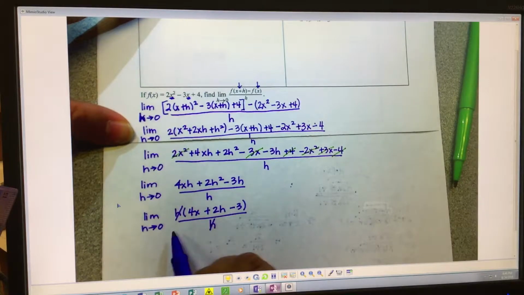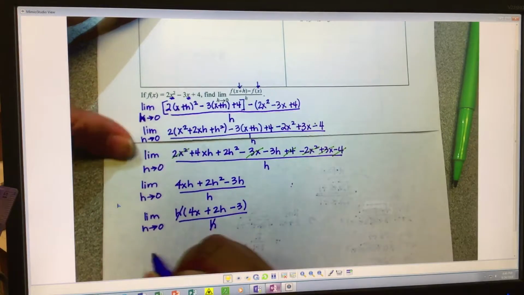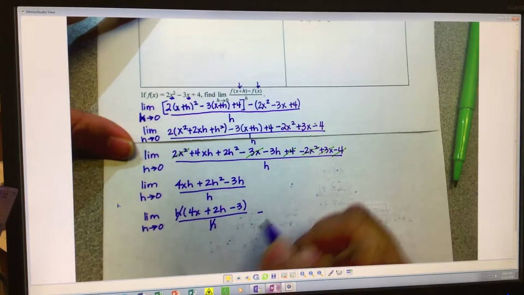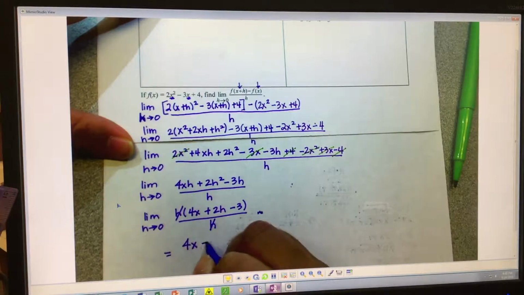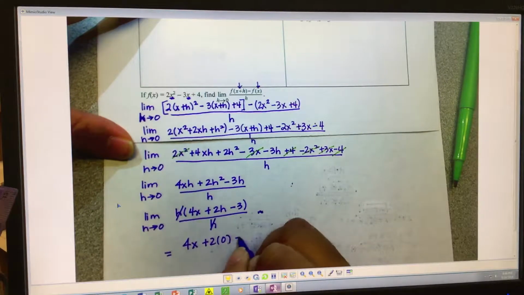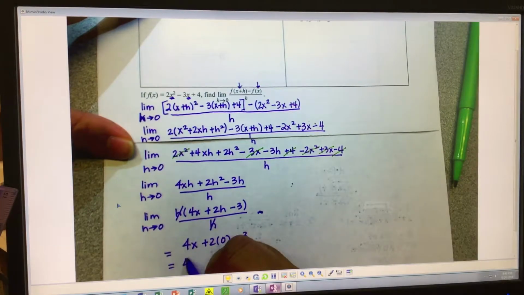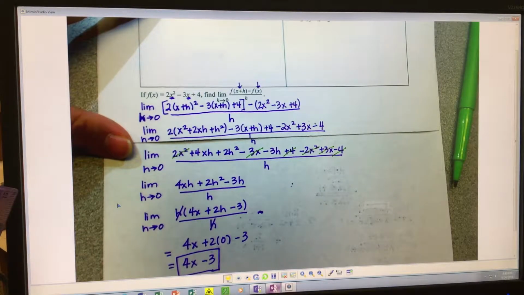And now I can establish that limit as h approaches 0. I can put that in here. Let's do it down here. 4x plus 2 times 0 minus 3, the limit is 4x minus 3. Okay? I know, that was harsh, but we did it. All right, let's move on.